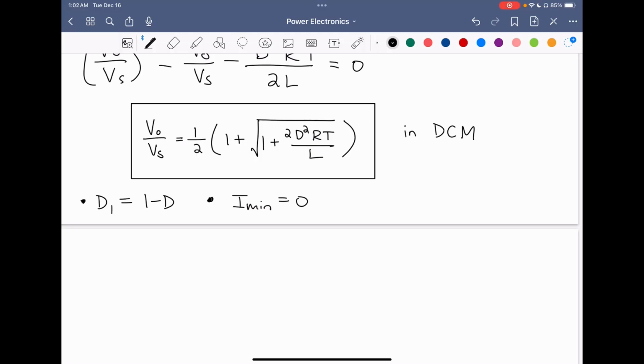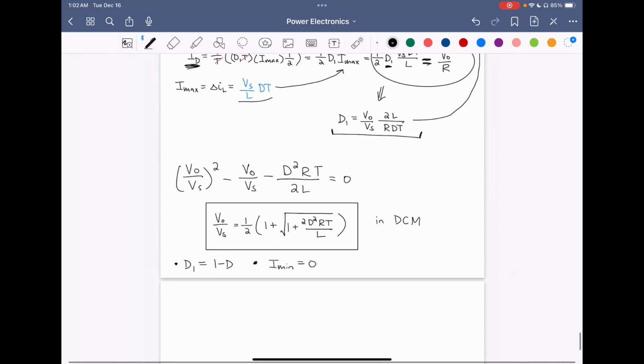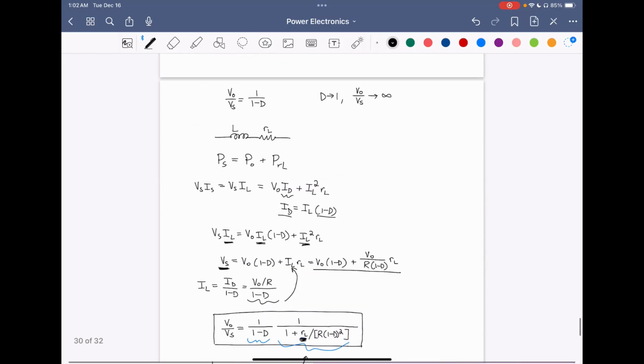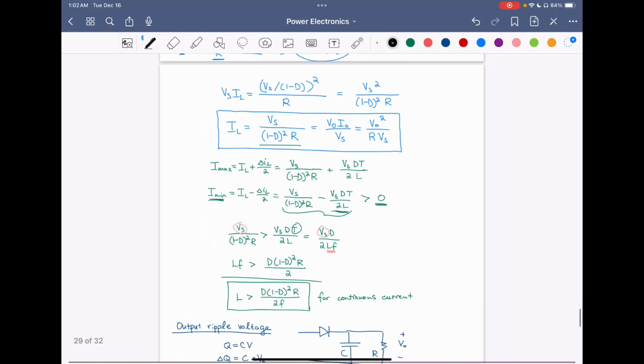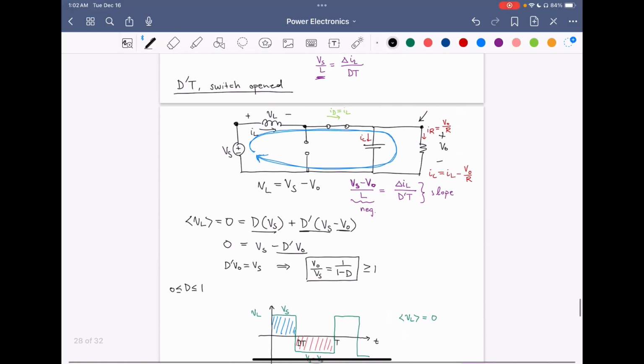And for a given output voltage, we can vary the duty ratio accordingly to get that value. So overall, this is the analysis for the boost converter, both in the continuous conduction mode as well as the discontinuous conduction mode.